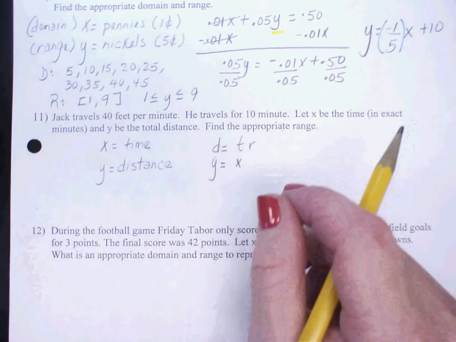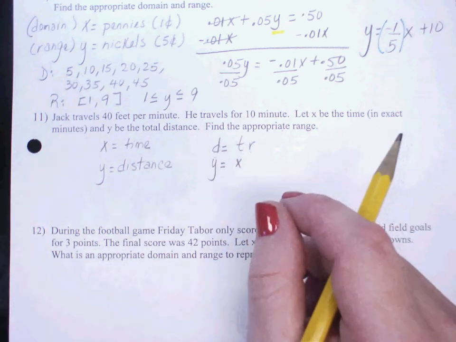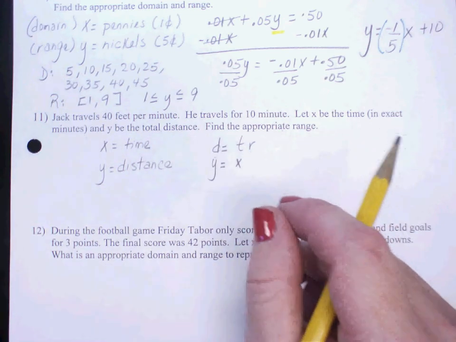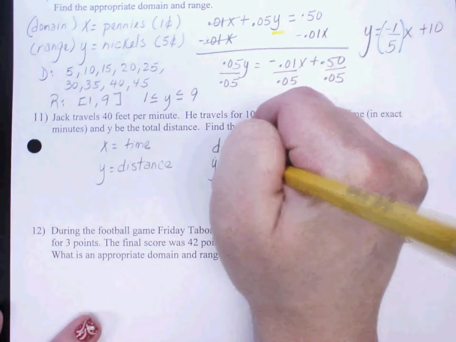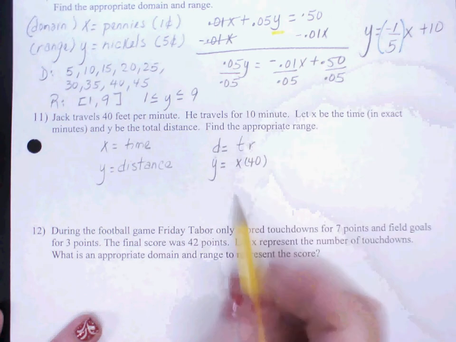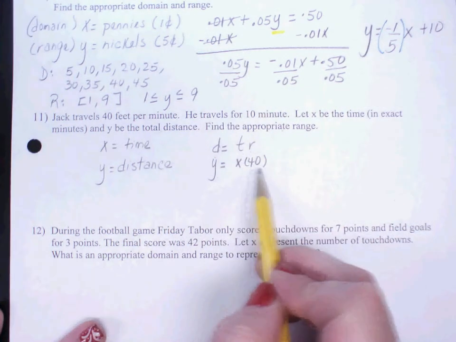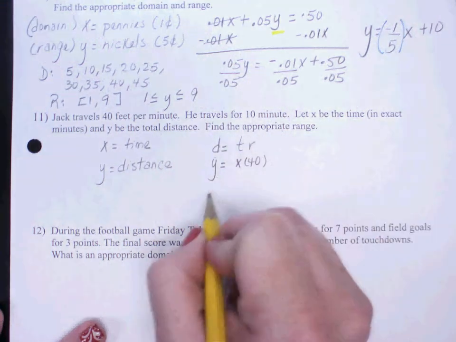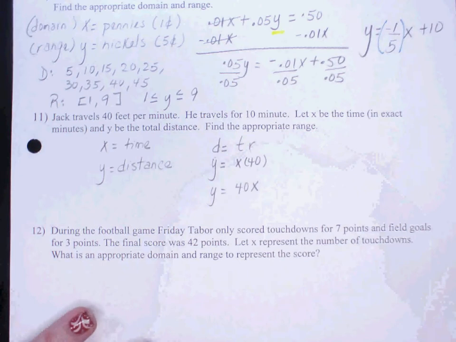Rate is miles per hour, feet per minute, inches per second. All right, it's a rate, which means it's got to have a per in there, right? So that would be 40, right? But I'm going to go ahead and rewrite it because I don't like that coefficient at the back. This is called a coefficient. I don't want it at the back. So y equals 40x.